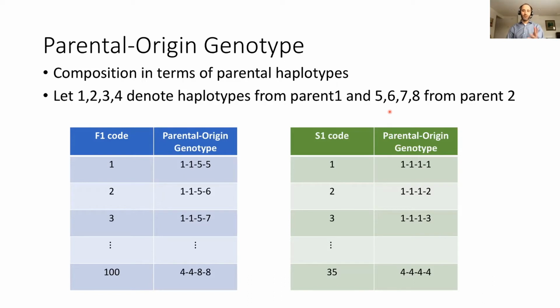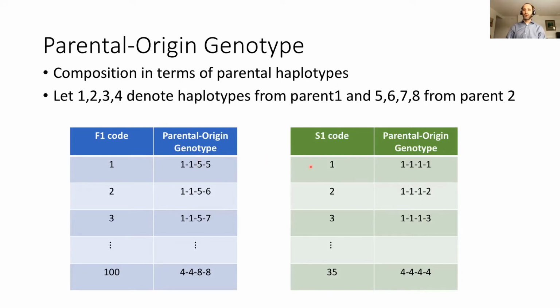The way the numbering works is that haplotypes 1 through 4 are from the first parent, and haplotypes 5 through 8 are from the second parent. So this is a slightly different numbering configuration than appending a .1, .2, .3 and .4 to the parent name that I showed earlier. This is the internal representation in PolyOrigin.